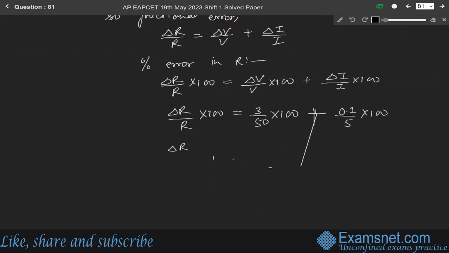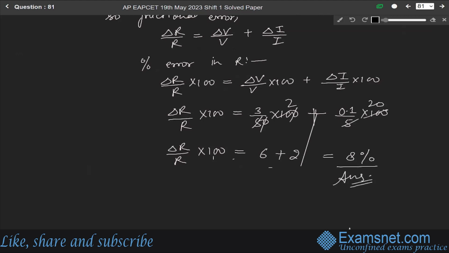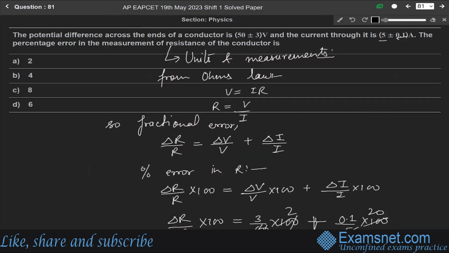So del R over R into 100 will be equal to 6 plus 0.1 into 20, means 2. So it will be equal to 8%. This is our final answer. So among these four options, option C is the correct answer.